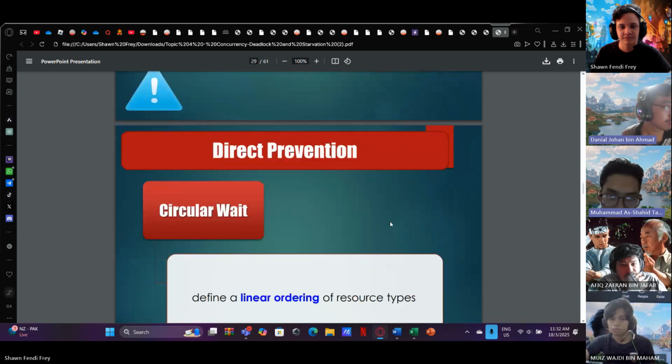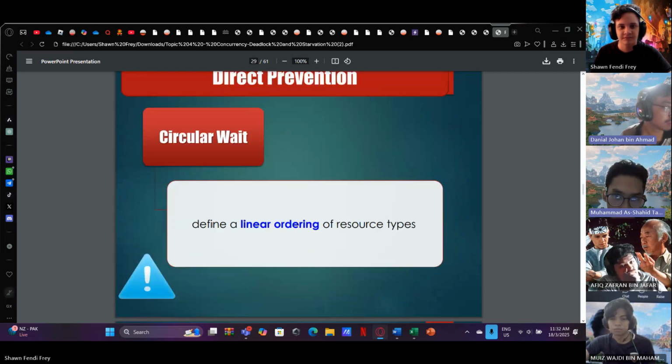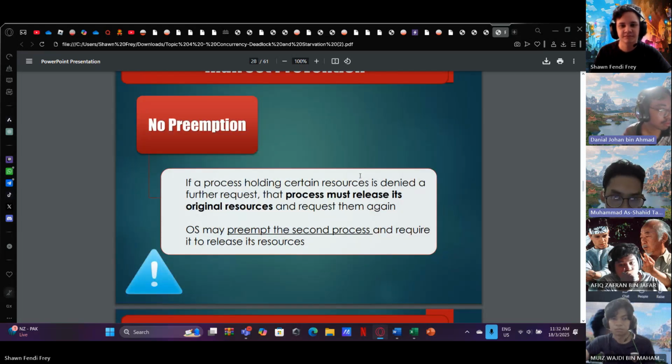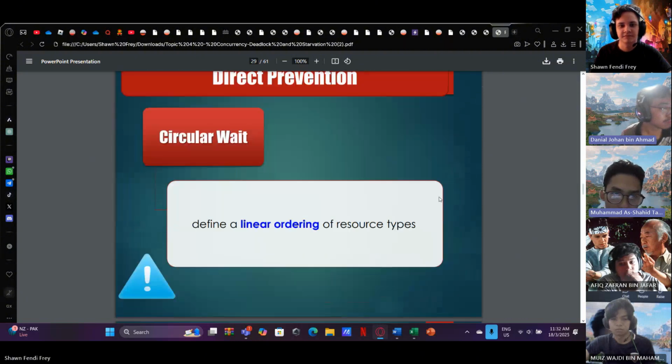To prevent it, you do it step by step, deciding which one holds first and which one requests, until you complete all the resources needed by the process. That's all from me. I will proceed to Muiz for the next.